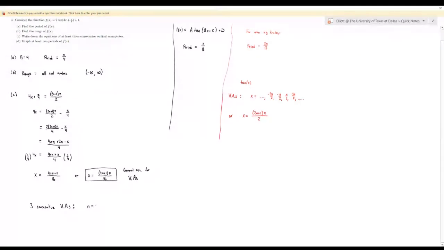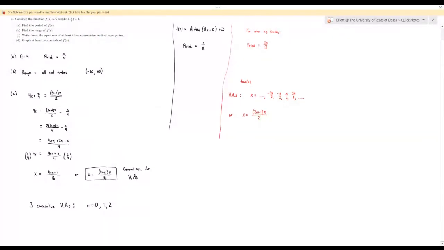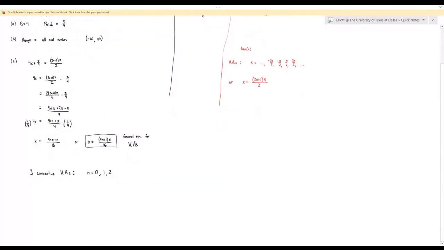Just as an example, I'll plug in the numbers 0, 1, and 2. But you can choose any 3 consecutive whole numbers to plug into this formula to get 3 consecutive vertical asymptotes, okay?